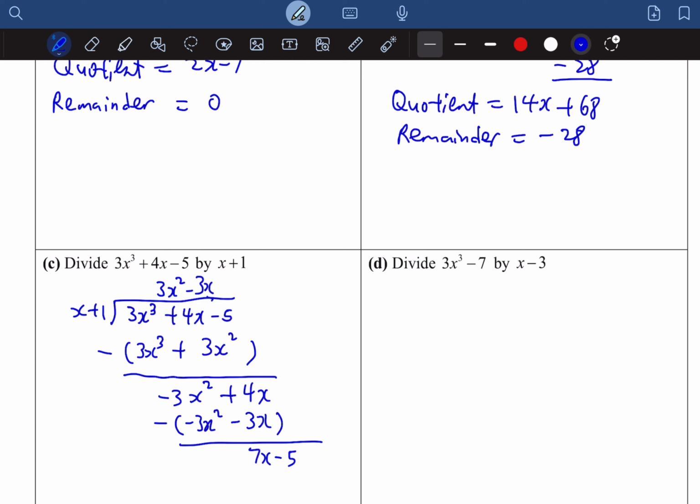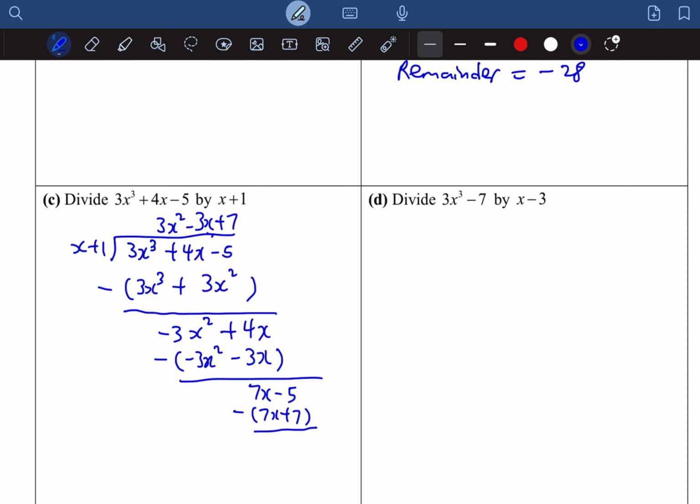The remainder degree must be smaller than the degree of the divisor, then we can stop. So with this, I have a plus 7. So it'll be 7x plus 7. 7x minus 7x gone. Negative 5 minus 7 will be negative 12. So this one has degree 0, negative 12, and the divisor degree is 1.